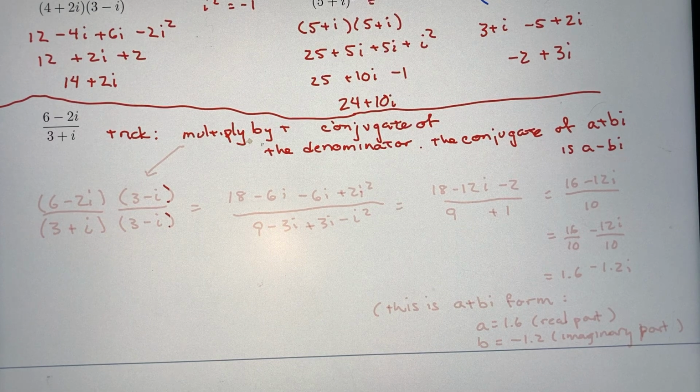Okay, so let me just rewrite this. Conjugate of 3 plus i is 3 minus i.